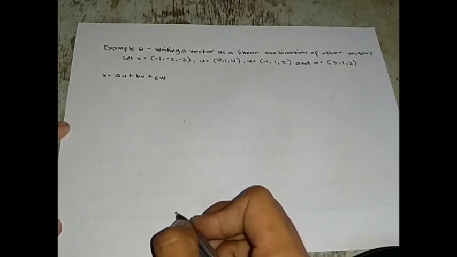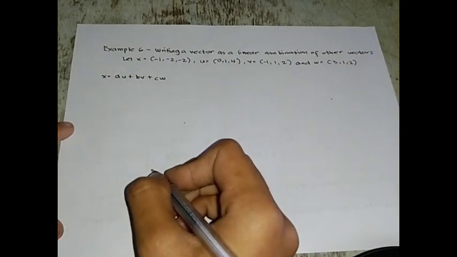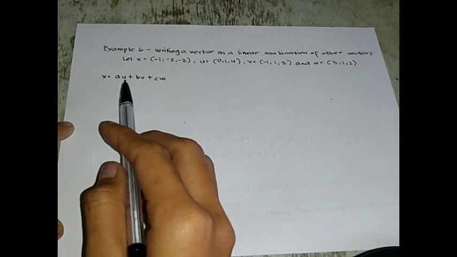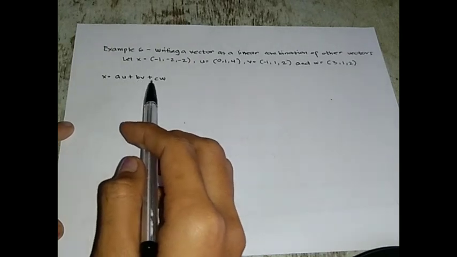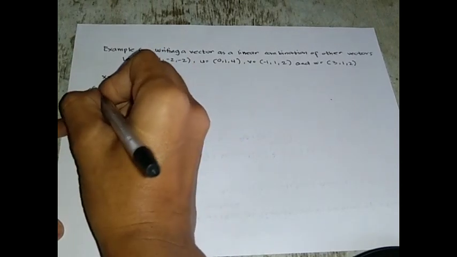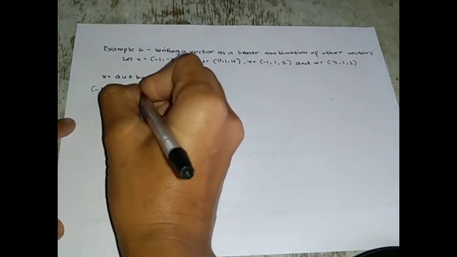Now, let us try to solve example 6, writing a vector as a linear combination of other vectors. So, our equation is X is equal to AU plus BV plus CW. So, the value of X is negative 1, negative 2, and negative 2.